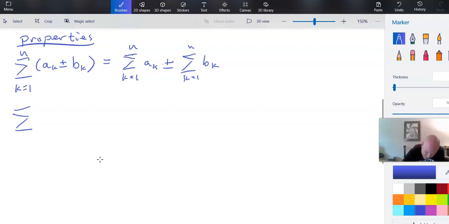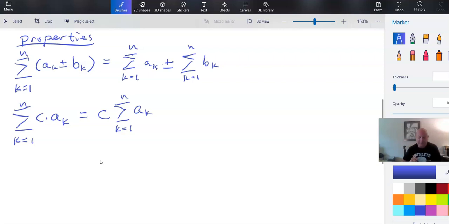So if you have some constant c times a_k, you can pull that constant to the outside and just look at that, right? So you can pull that constant through and look at what's left and take the sum of that. These are all the things that are going to allow us to simplify this down to where we can use formulas.